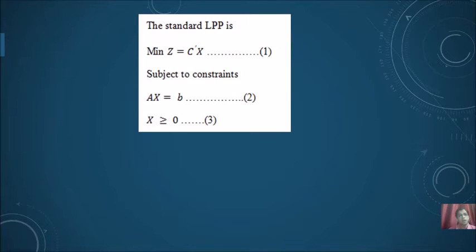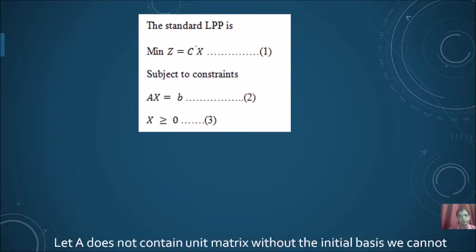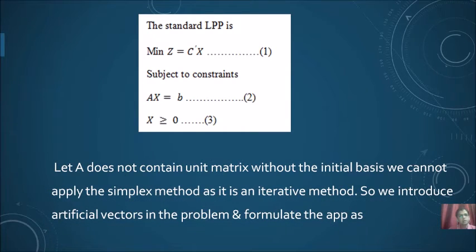In other words, an initial basic feasible solution is absent in this standard form of an LPP. And as I already told you a number of times, since the simplex method is an iterative method, we require an initial basic feasible solution. Let A not contain a unit matrix; without the initial basis we cannot apply the simplex method as it is an iterative method.